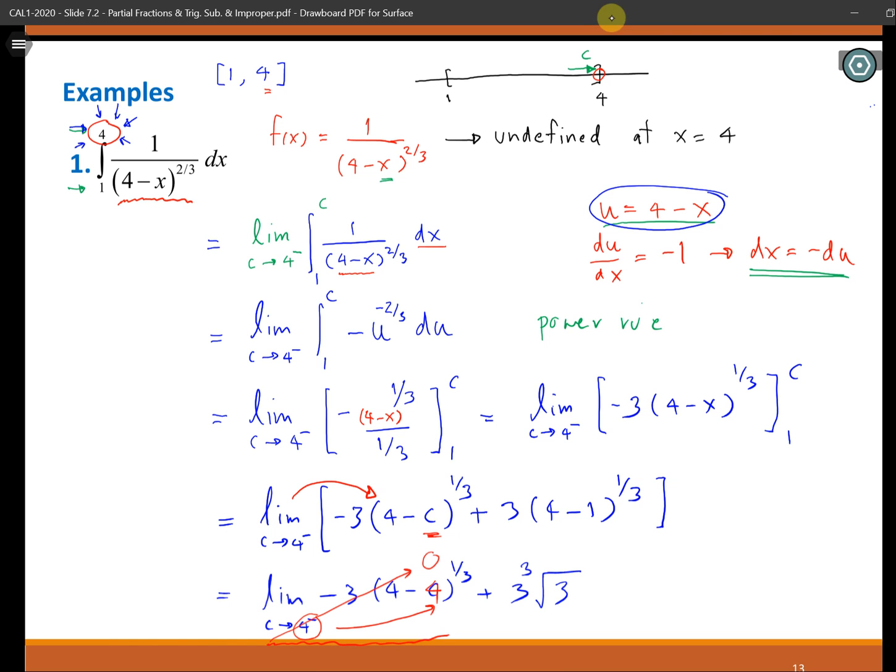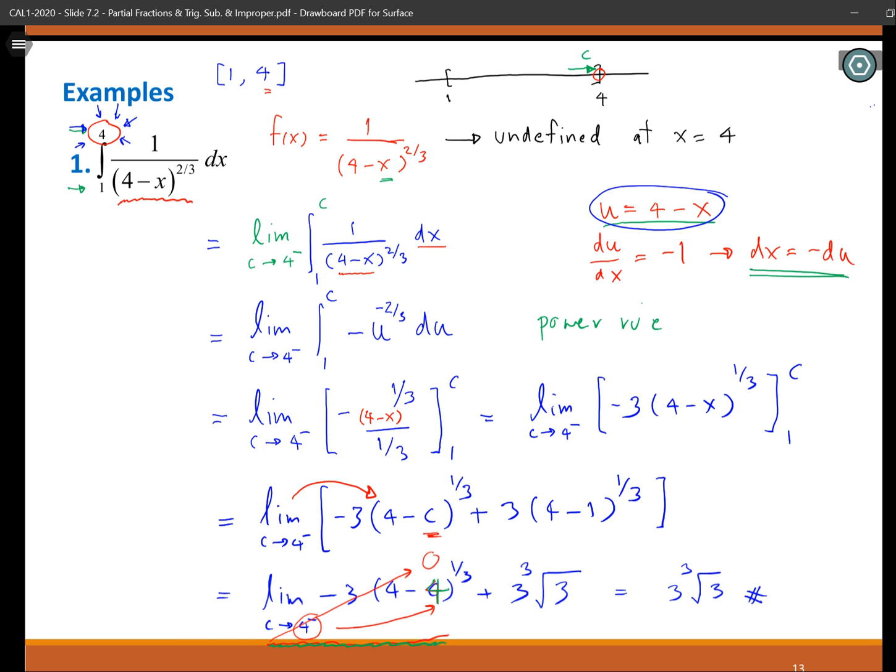So in the end, we have the final answer, just the back term: 3 times the cube root of 3. Once again, for the front term, all I did was apply direct substitution, 4 goes in, and it all goes to 0. Alright, so that is the answer for the first example.